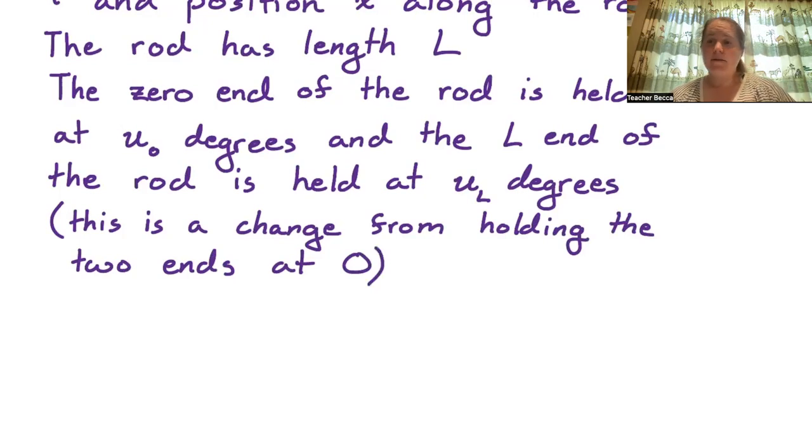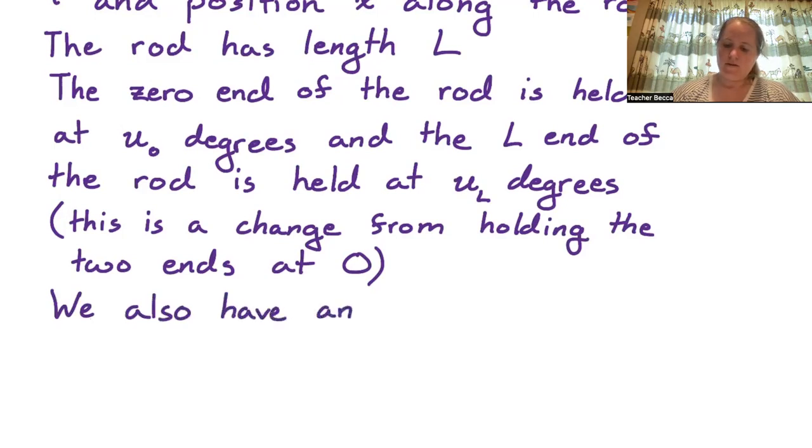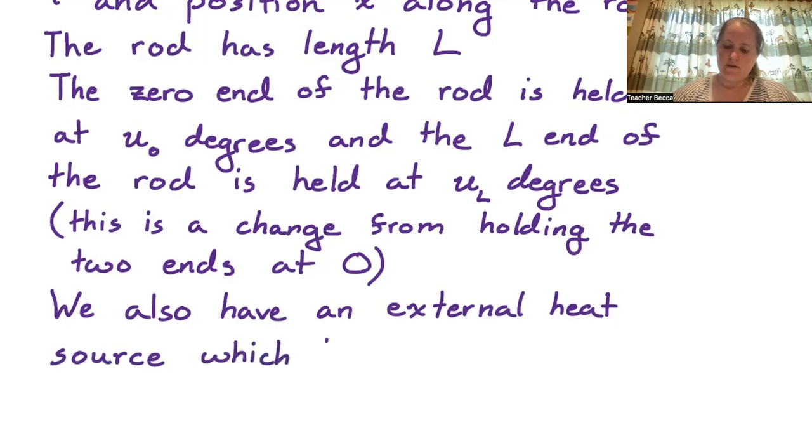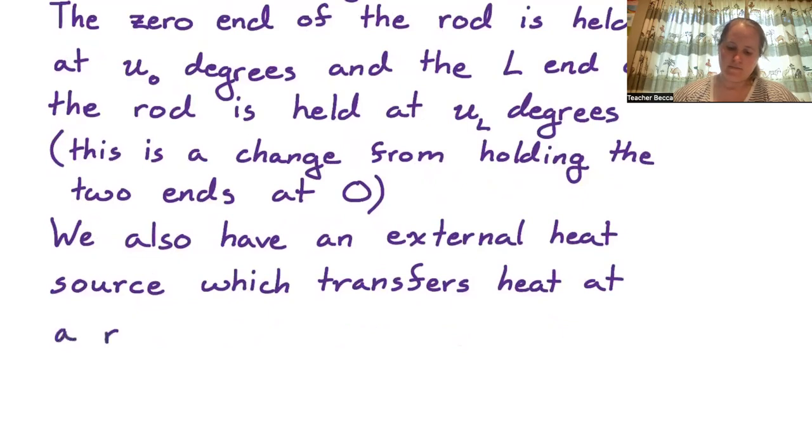The other thing we have is an external heat source, which transfers heat at a rate of h of x at position x along the rod.